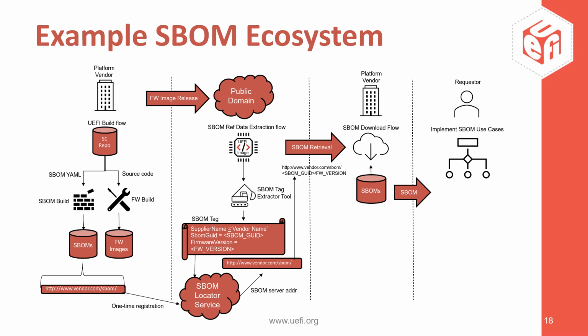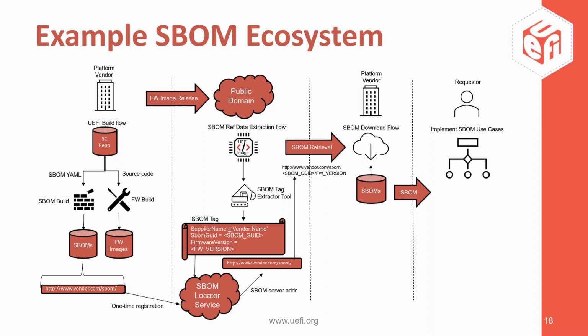I foresee these SBOMs not being public, so you probably have to do some authentication with that platform vendor to get access to the SBOM. AMI, for instance, may, similarly to how we do our advisories, just give access to certain supply chain partners. Okay, so once you're authenticated and you get your SBOM, then you can do whatever you want with that.